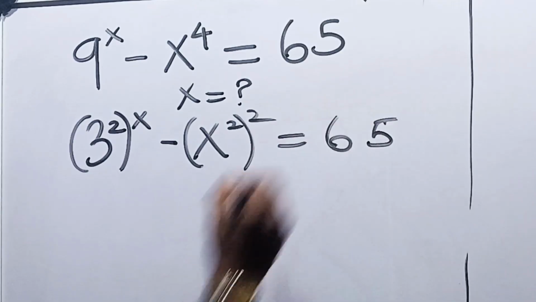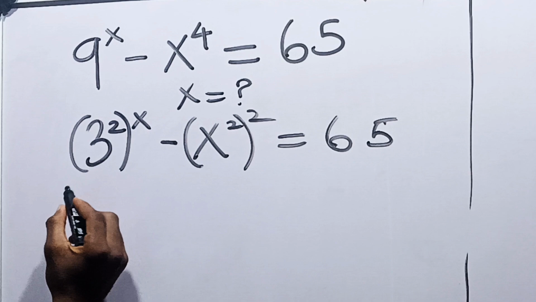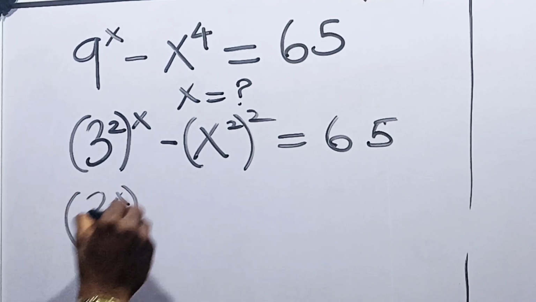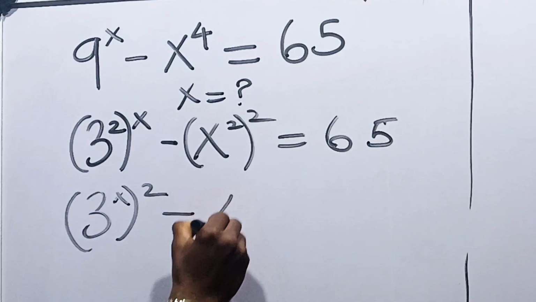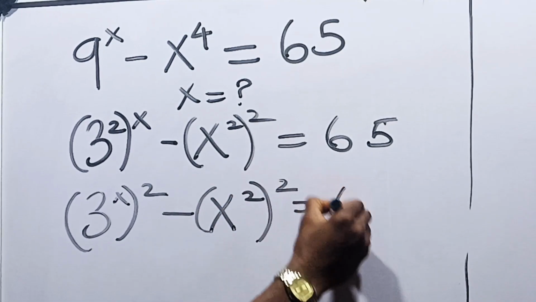Now from here we can re-express this as 3 raised to power x squared minus x raised to power 2 squared is equal to 65.